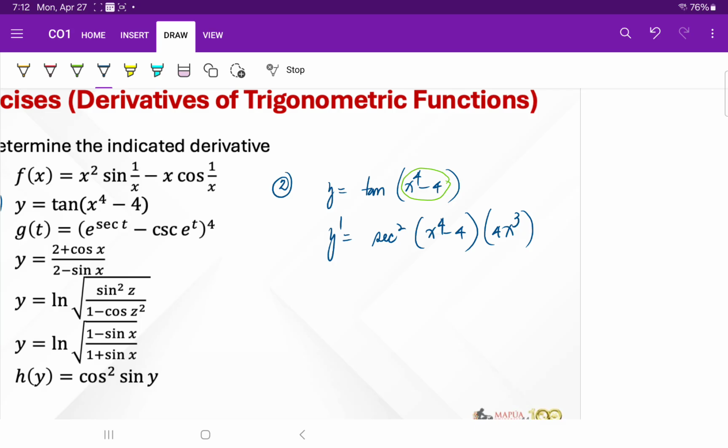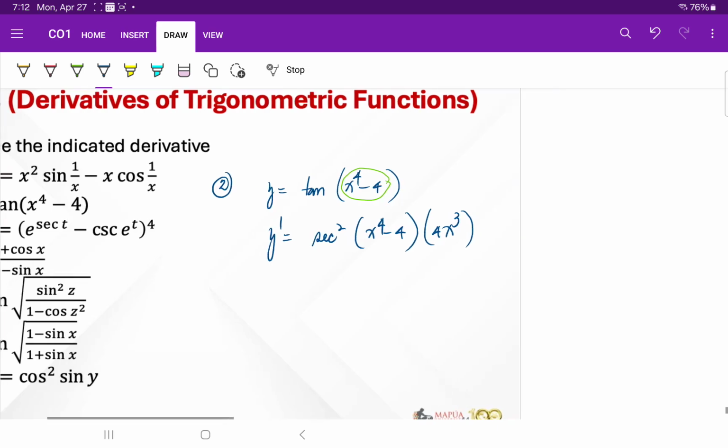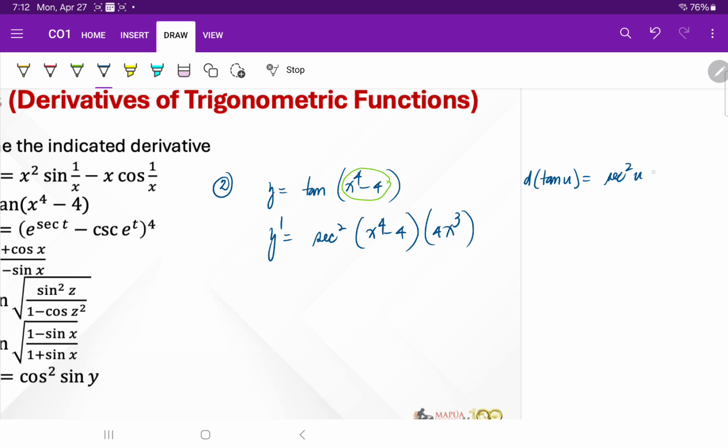Let's write the formula. The derivative of tangent u is secant square u du dx. So secant square u times the derivative of u. And if you simplify, this is simply 4x cubed times secant square of x to the 4th minus 4.